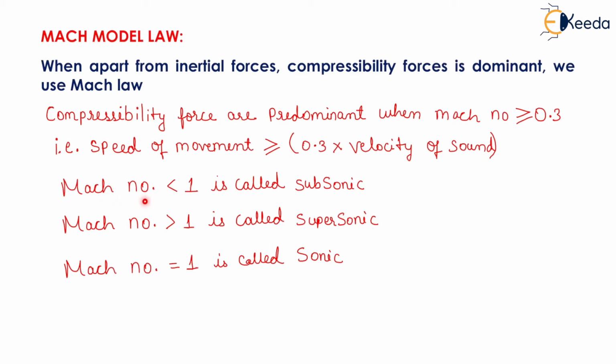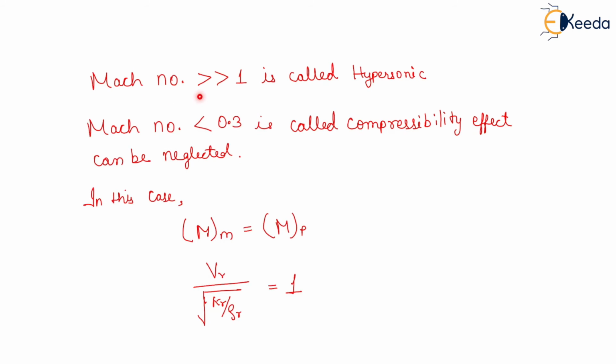When Mach number is less than 1, it is called subsonic. When Mach number is greater than 1, it is called supersonic. When Mach number equals 1, it is called sonic. When Mach number is much greater than 1, it is called hypersonic. When Mach number is less than 0.3, compressibility effect can be neglected.